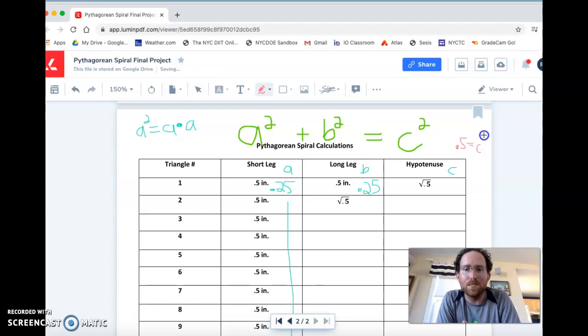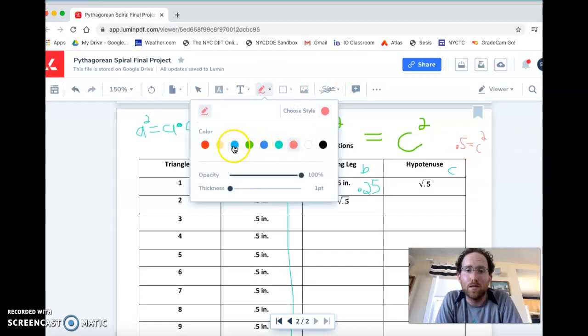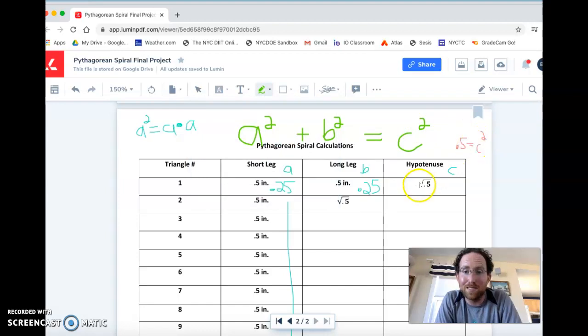As I was saying on the phone, c squared is not the answer. We have to get c by itself, right? So what do we do with 0.5? Well, to get c by itself when it's squared, you take the square root, okay? The symbol for square root is this sign right here.